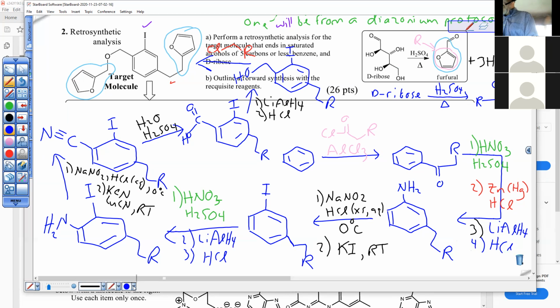How do you make acid halides? One, you oxidize it. CrO3, H2SO4 aq. Got to have the oxidation state of a carboxylic acid before you do your old SOCl2 and pyridine.